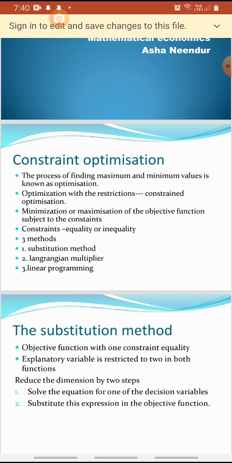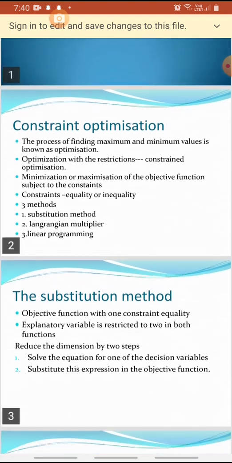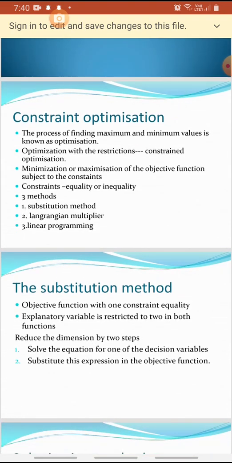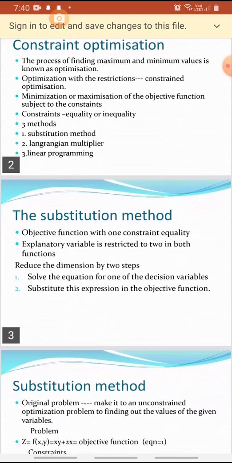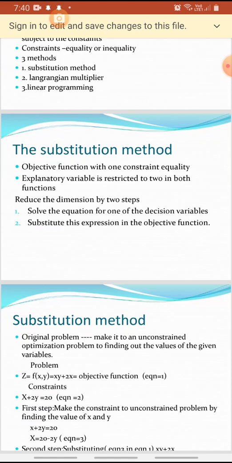They are: first, the substitution method; second, the Lagrangian multiplier; third, linear programming. Under this chapter, we are going to study two methods, that is the substitution method and the Lagrangian multiplier. Let's see the substitution method.